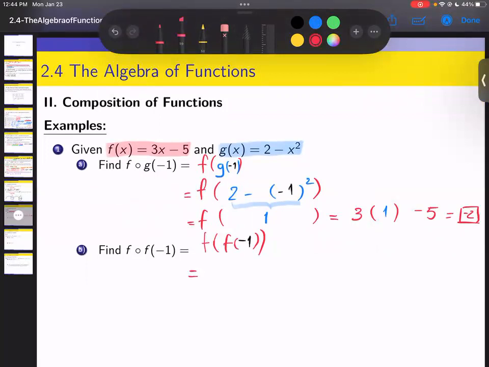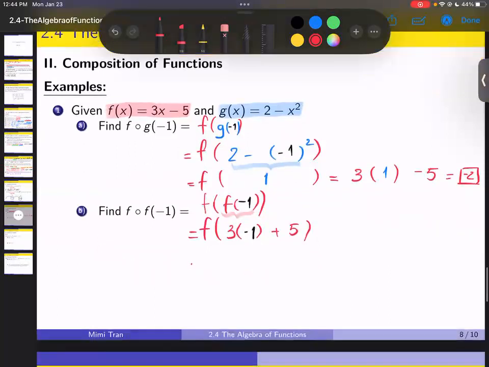So I'm gonna calculate the one inside first, right? The f outside, I'm gonna rewrite so I don't forget. F of -1, plug in -1 for x. So I see 3 times -1 minus 5. That's -8. So that's f of -8.